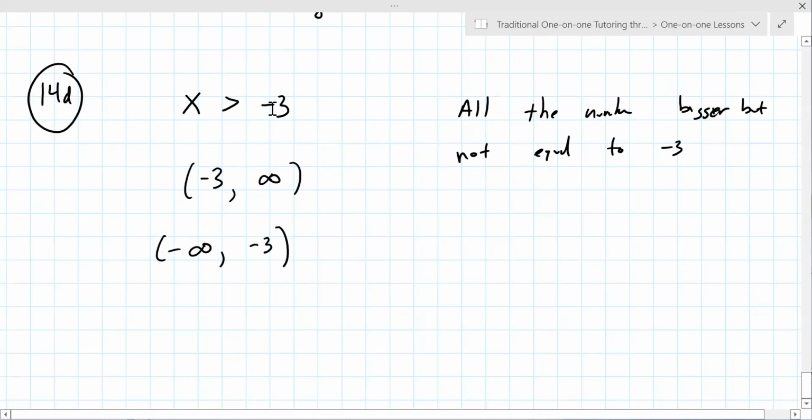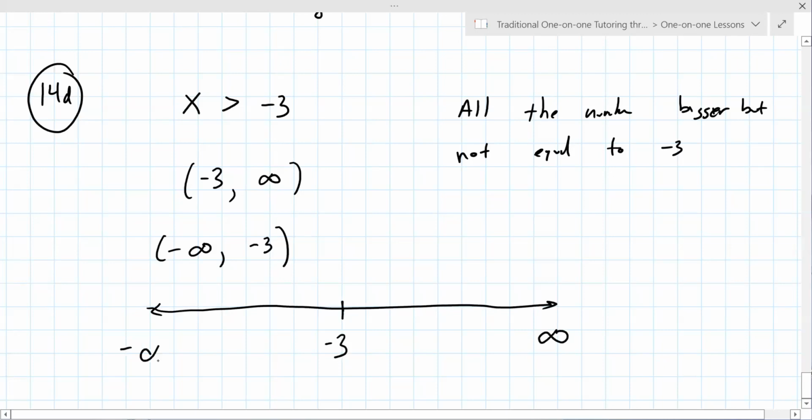Do either of those map to this X greater than -3 to you? The bottom one. Okay, so on the number line here, try this different way here. On the number line here, if this is -3, here's positive infinity and here's negative infinity. So this greater than means all the numbers to the right of -3.